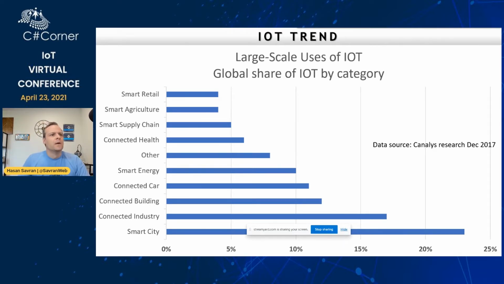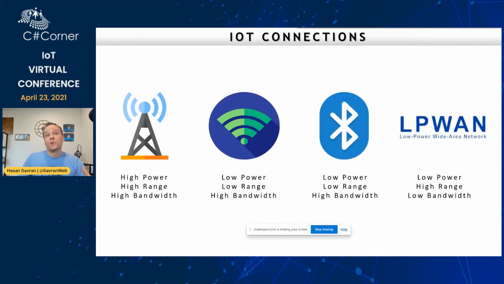So if you are dealing with IoT devices, and if you are thinking about creating applications and selling them, the first thing you need to know is that there are some challenges with IoT devices. The first one is going to be the connection, right? Depending on what type of application you are trying to create, you need to pick one of those connection types, and then write the application specially for that.